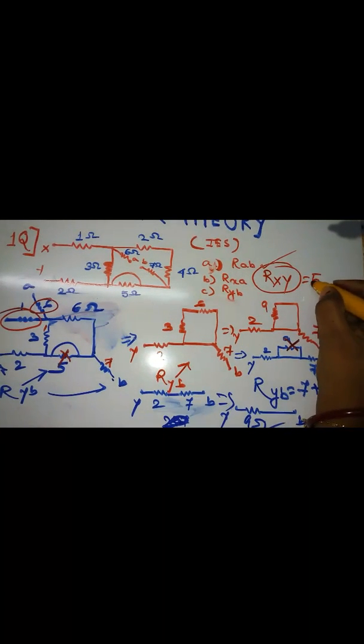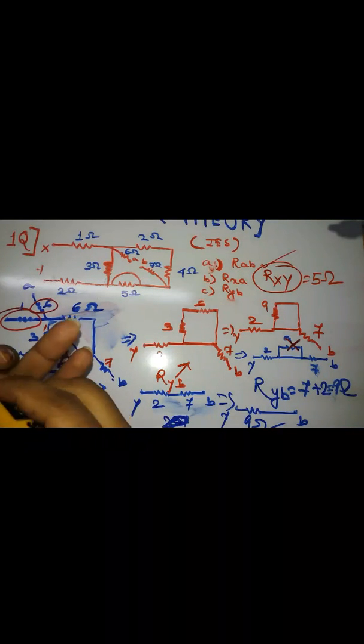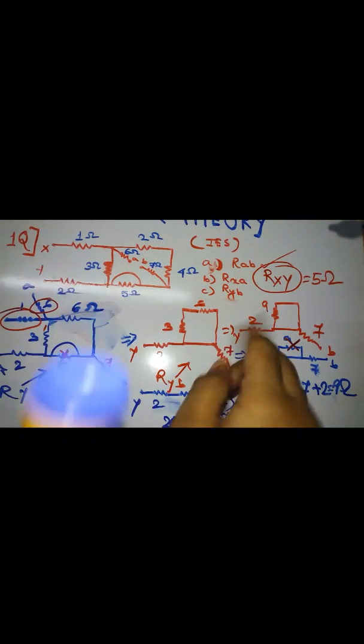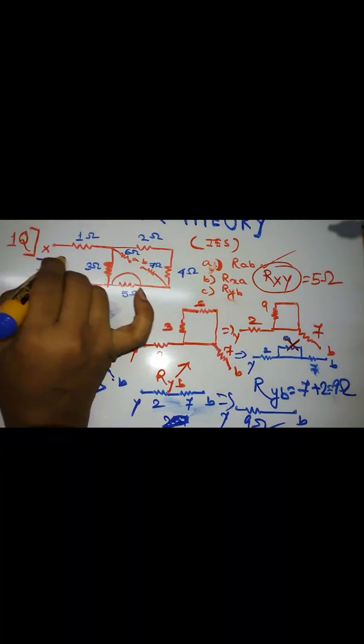It is 5 ohm, but you try to solve it on your own. I'll just give some hints over here. For finding this RXY, which side will you be finding? This is your RXY. So this side you have to find your equivalent resistance.